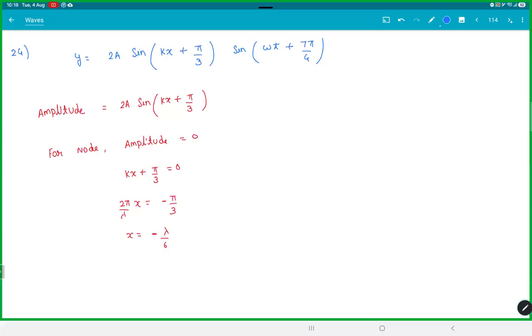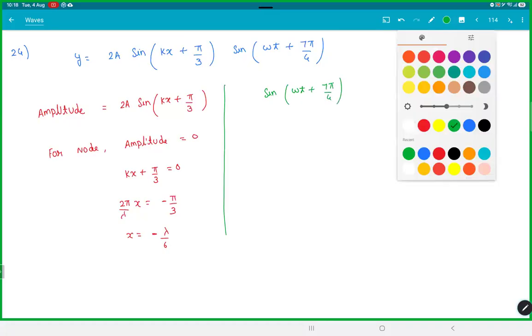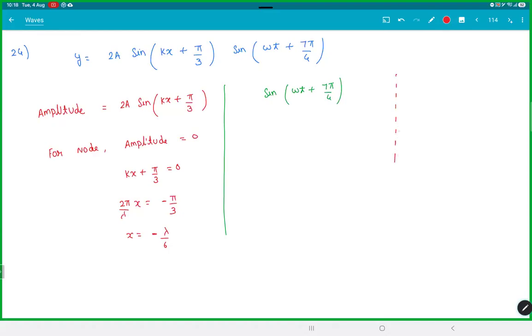Second thing, look at the second part here. Sine omega t plus 7 pi by 4. So if a particle is doing SHM, you can clearly see, if this is y is equal to 0 and this is y is equal to the extreme 2a, and this is y is equal to minus 2a, you are saying 7 pi by 4, meaning this particle has gone to the extreme, then it has gone to the other extreme, and then you're coming here.